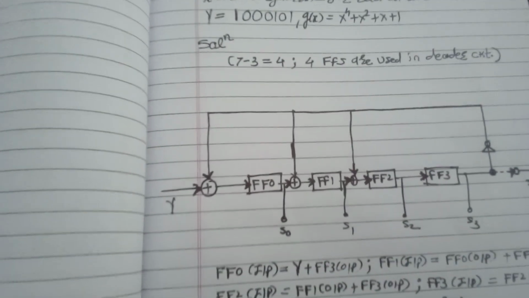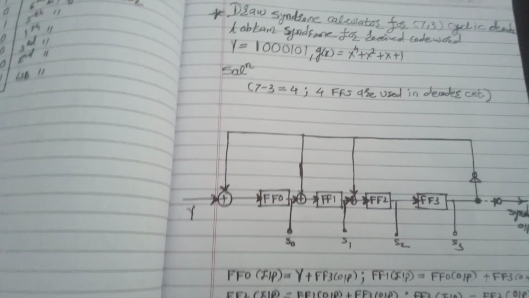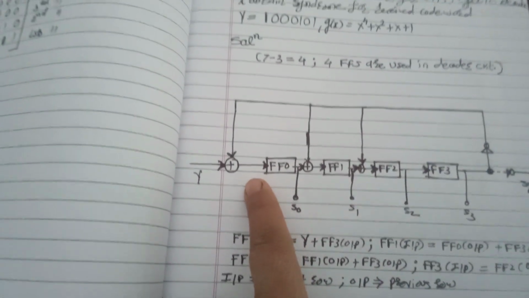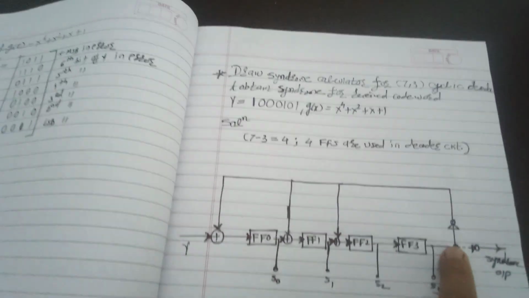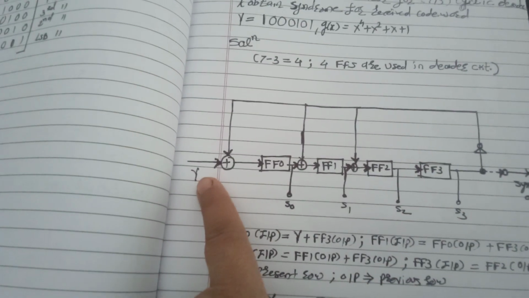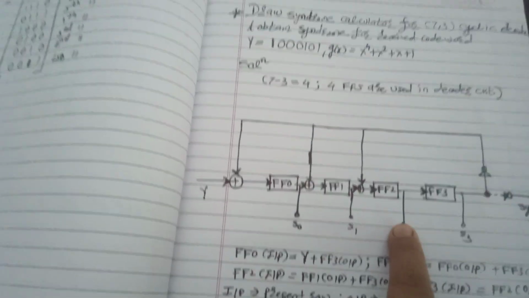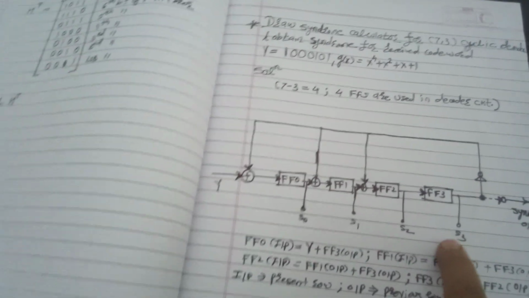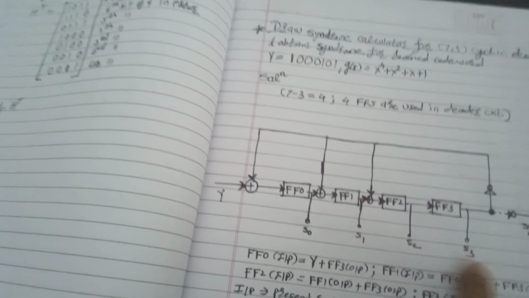So once again, in a nutshell, I will tell you the operation of this circuit. y enters into the circuit. At that time this switch is at this position, and once all the bits of y have entered into the circuit, this switch comes to these positions and the syndromes are taken out: S3, S2, S1 and S0.